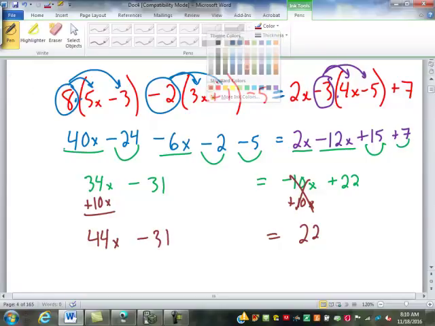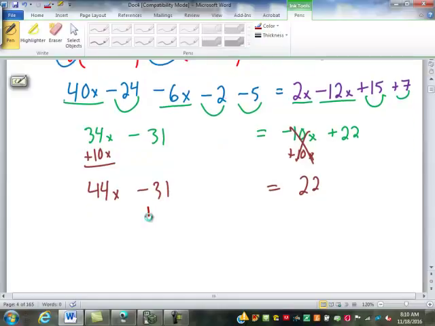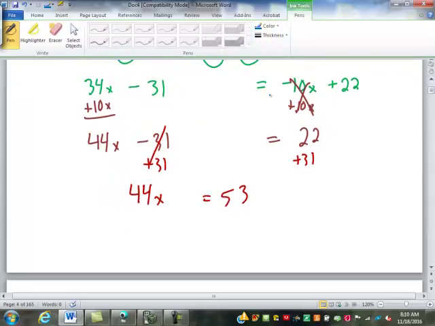Then what? Add 31. 44x equals 53, and then, excuse me, I'll divide by 44. X equals 1 and 9/44.